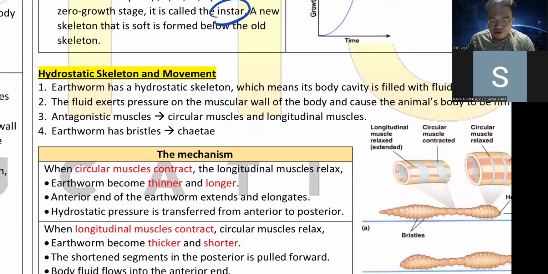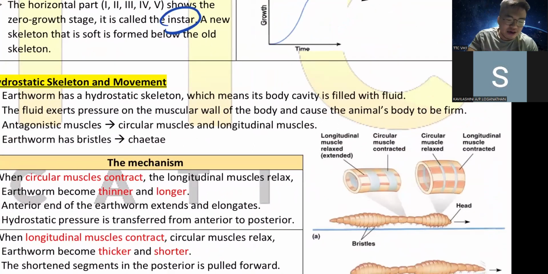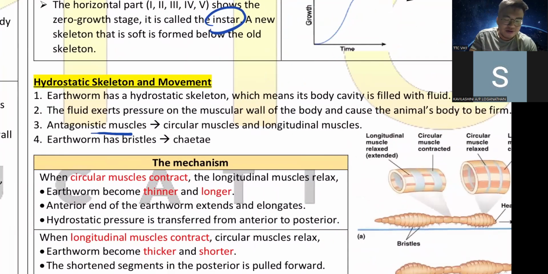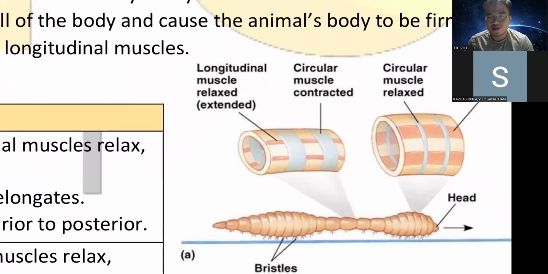Okay, do you remember your hydro? There's nothing much to say here besides the antagonistic muscle. Just like our bicep and tricep, they have something called circular muscle and longitudinal muscle. They work in opposite. So, what do you call it again? Antagonistic muscle.